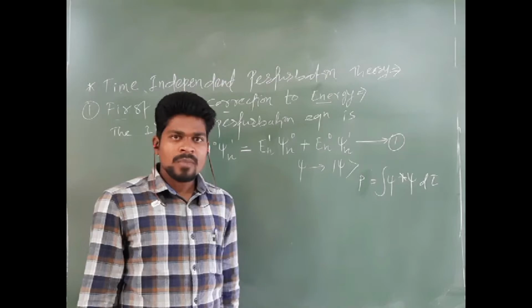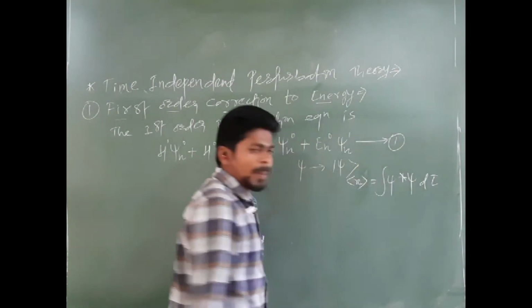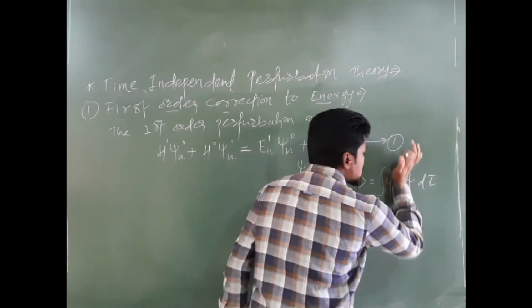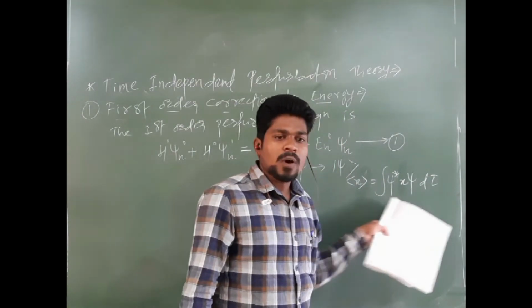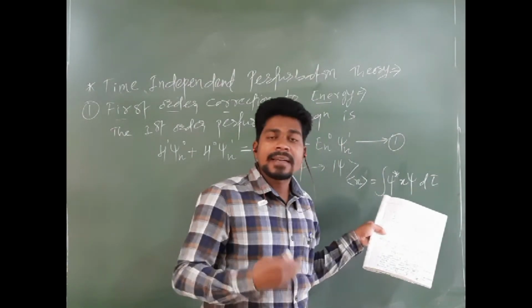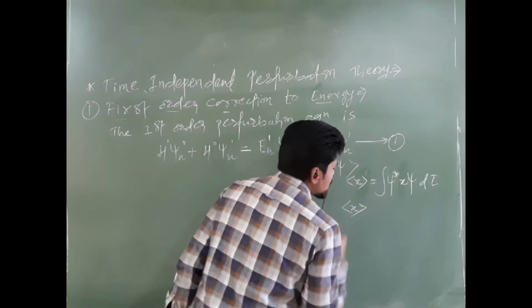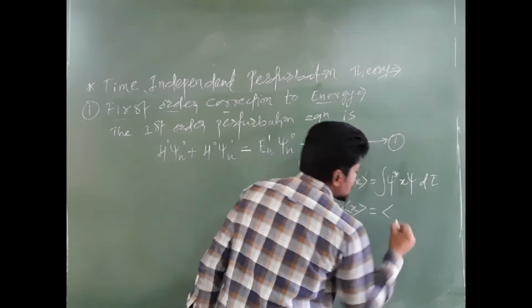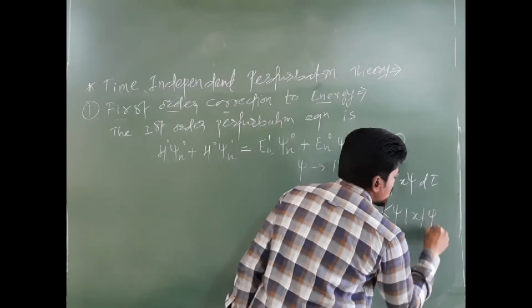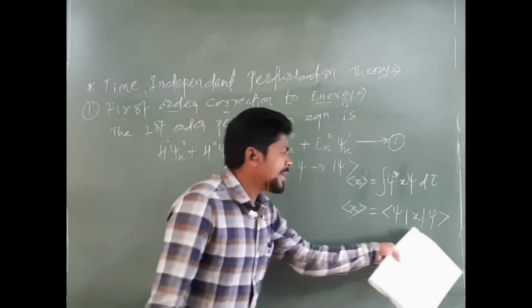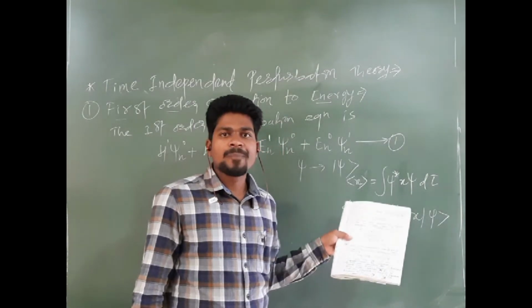Or for the expectation value of x, we write the integral of psi star x psi d tau. This is the formula for the expectation value of x, but in Dirac's bracket notation, that same formula we write as the expectation value of x equals bra psi, x, ket psi. This is the Dirac bracket notation for the expectation value of a quantum mechanical operator.